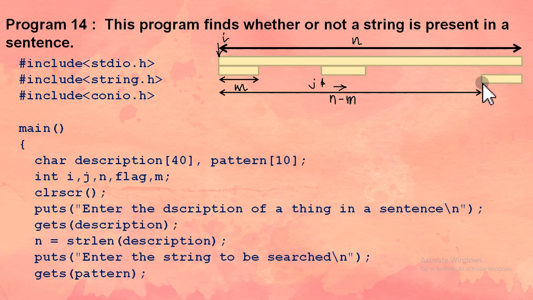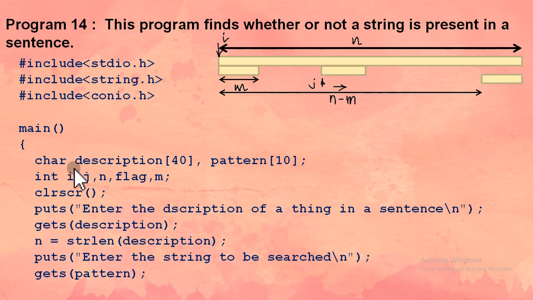Okay, and j will move going till here, so in that case i can move up till this particular point. So this is the thing. Okay, if at all the pattern is found anywhere, j will have reached all the m characters. If at all the pattern is not found anywhere, j will be either 0 or anything within m. Okay, this is the clue.